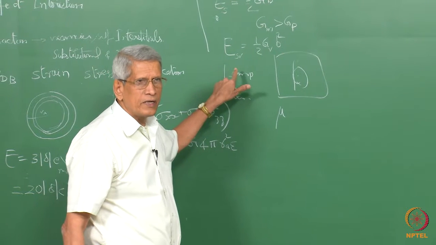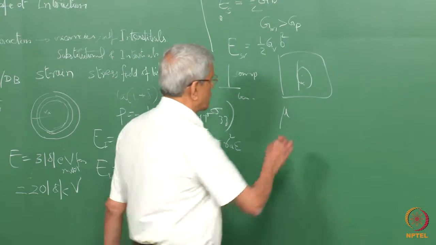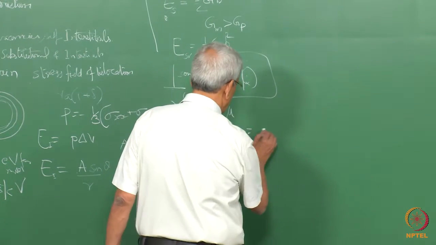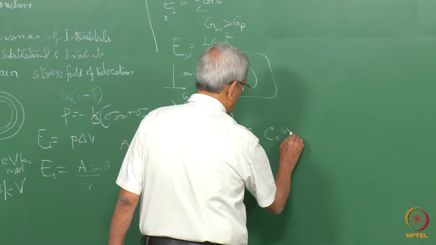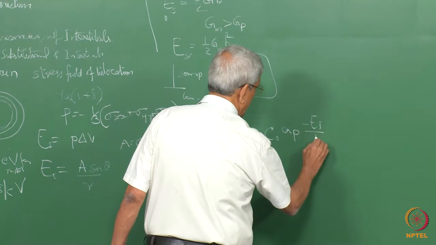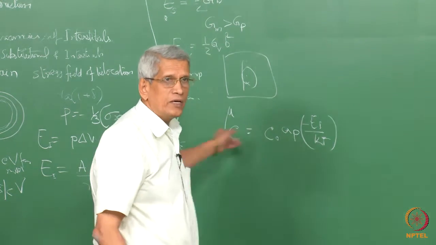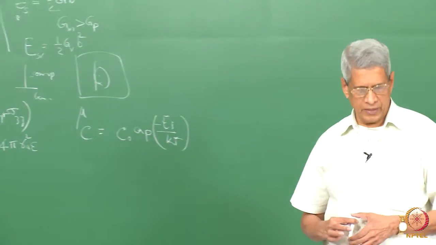Then so many defects will come, drifting towards it. So the concentration of the defect, if C0 is the initial concentration, goes as C0 times exponential of the interaction energy over kT. This way we will find that the concentration is going to increase.